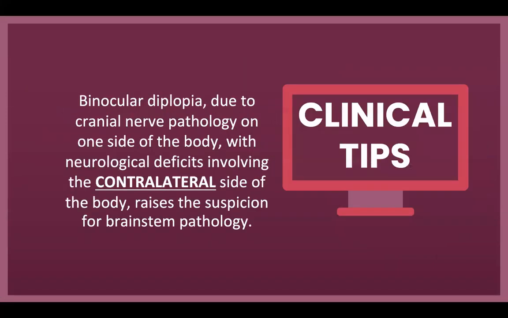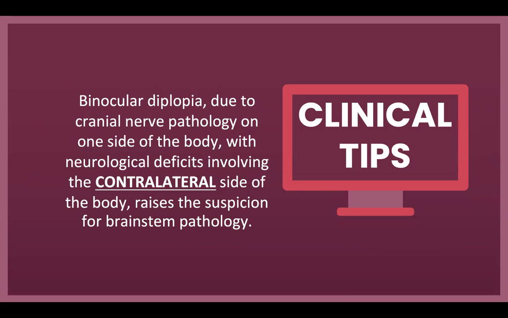The physical examination of the eye. First, this is a clinical tip. Binocular diplopia due to cranial nerve pathology on one side of the body, associated with neurological deficit on the contralateral side of the body, raises the suspicion of brainstem pathology.